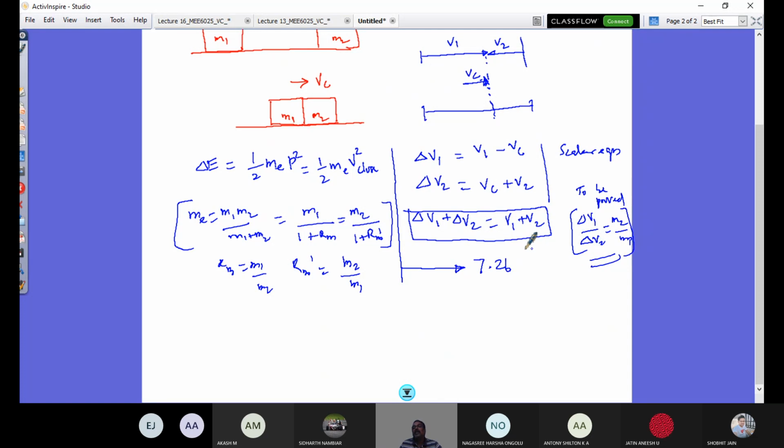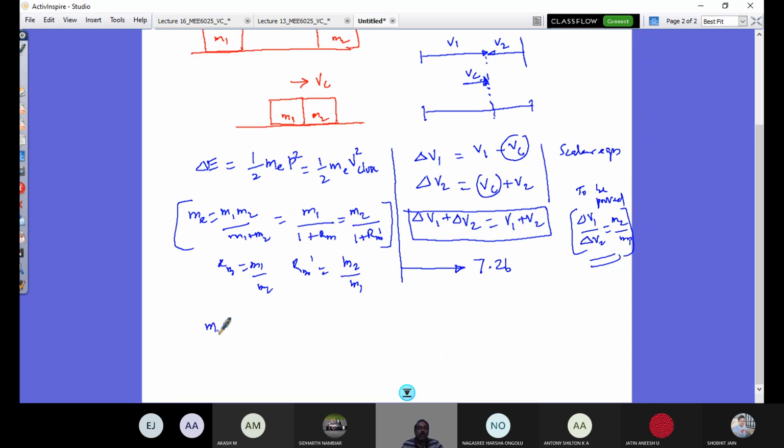For that, I'm playing around with the known items so far in our class. I do not know the common velocity, but I know the approach velocities. So how can I find the common velocity? Apply the conservation of momentum principle.